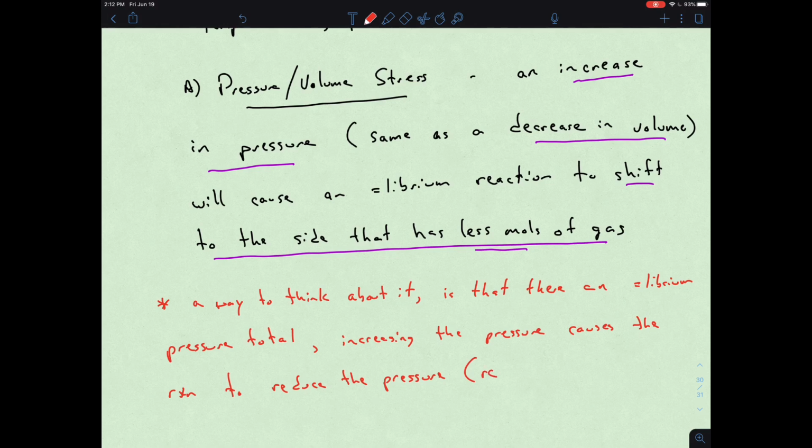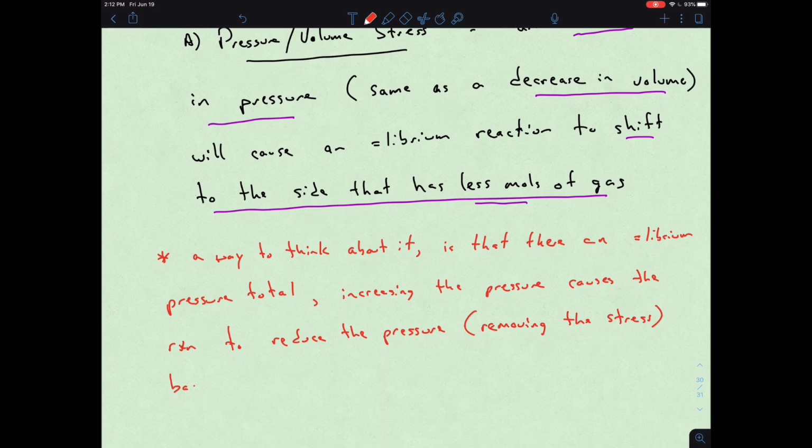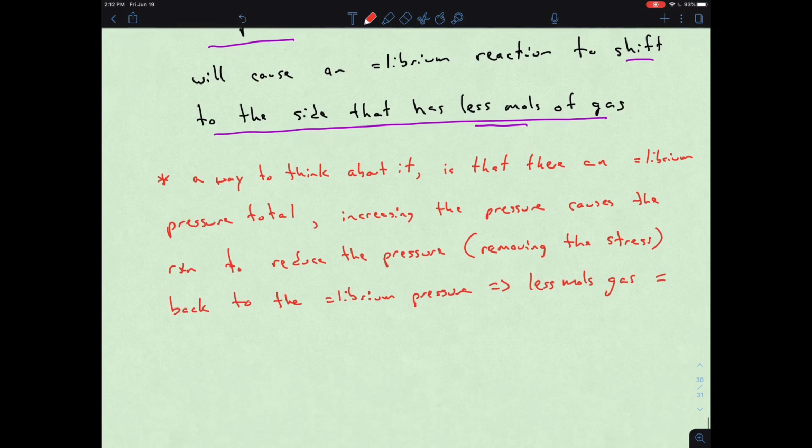Remember, this is the idea of removing the stress of the pressure that we just added, right? We just increased the pressure. So increasing the pressure causes that reaction to reduce the pressure back to the equilibrium pressure. And less moles of gas equals less pressure.